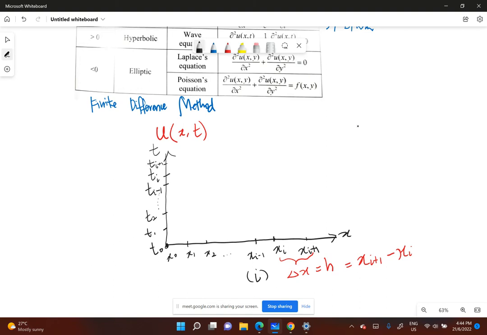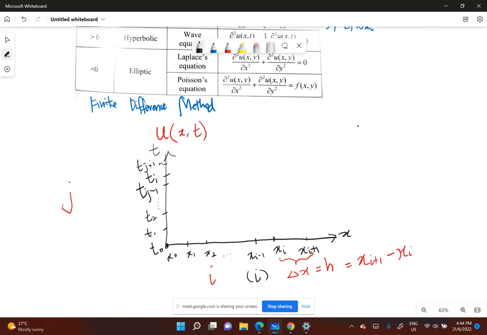Sorry, I pula dah. Silap, j. Sebab kat sini, here I use i. Paksi x saya guna i, paksi y saya guna j. So this one is t j minus 1. Lepas tu point seterusnya t j, and this one is t j plus 1.